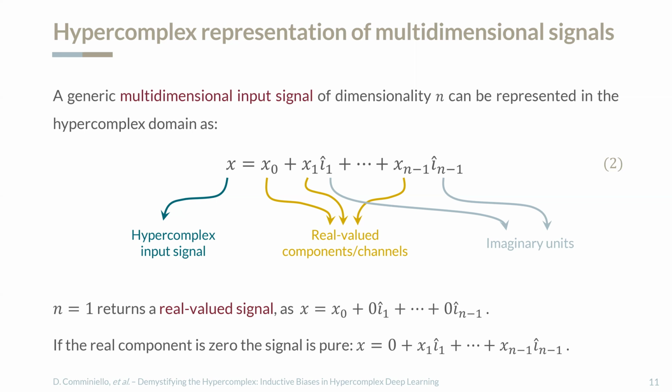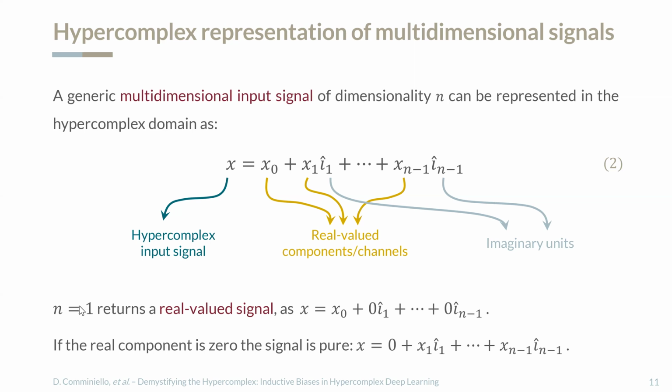Instead of representing each channel separately, we can group them together in a hypercomplex input signal where you can associate each channel to a real valued component of an imaginary unit. Of course you will have the real part like in complex numbers, then you have imaginary units. And so you can cast your signals in each imaginary unit, but also in the real part.